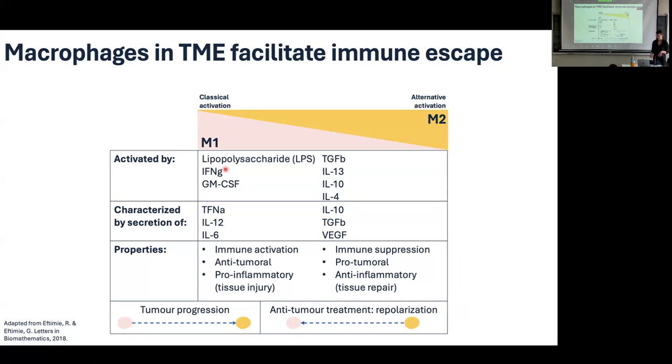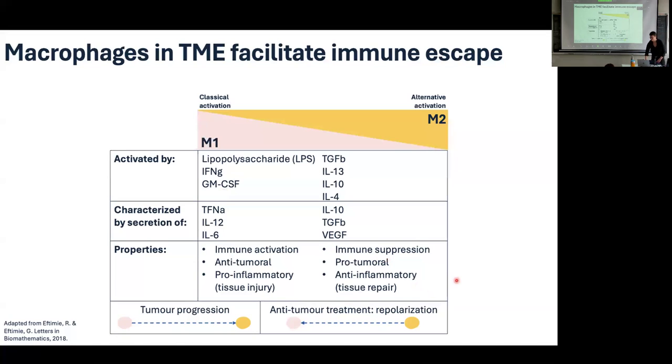They are activated by interferon gamma, which is cytotoxic interferon, and by GM-CSF, for example. They secrete IL-6 and IL-12, and they have properties of immune activation. They're antitumoral and they're pro-inflammatory. When you're thinking about tissue injury, M2 or M2-like cells are immune suppressive.